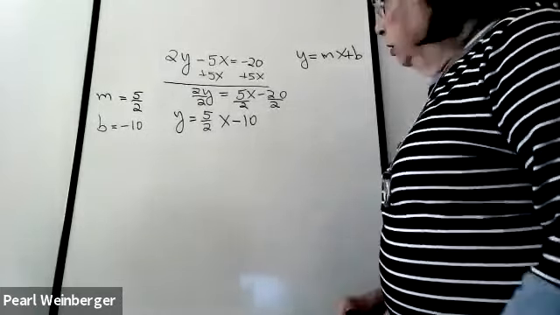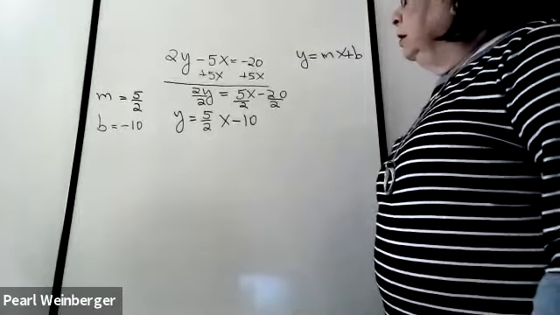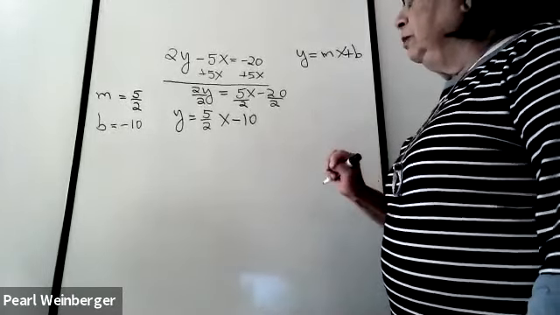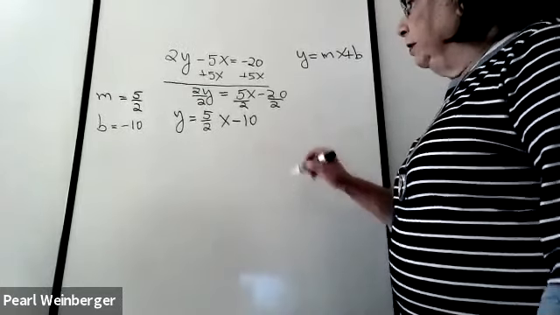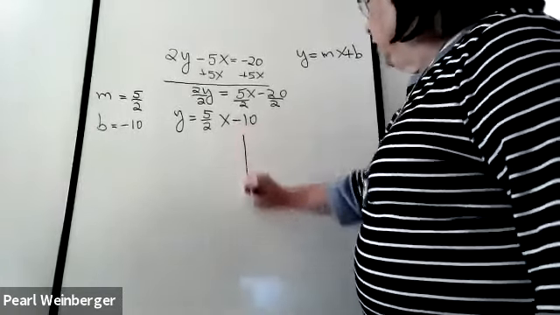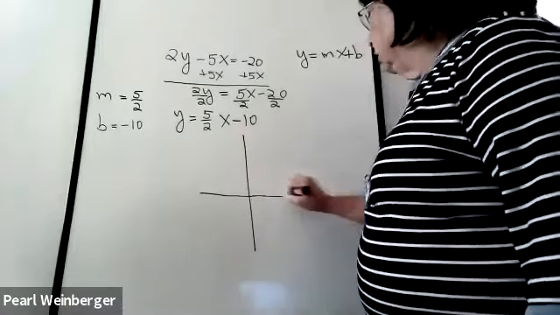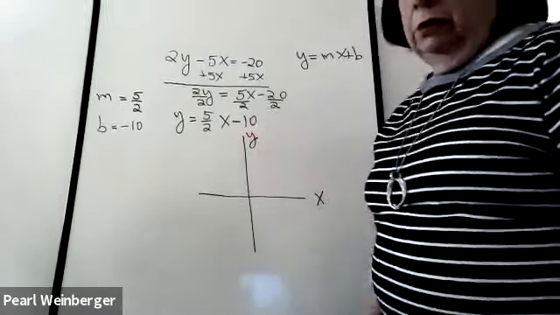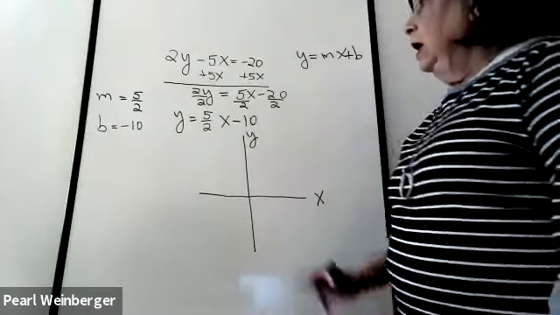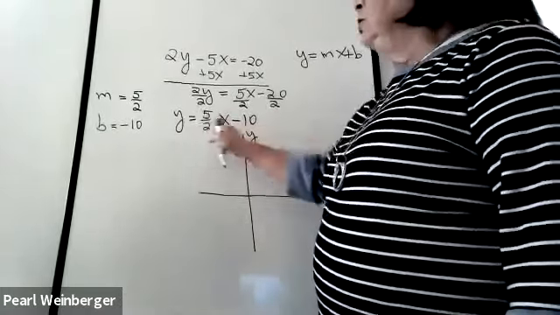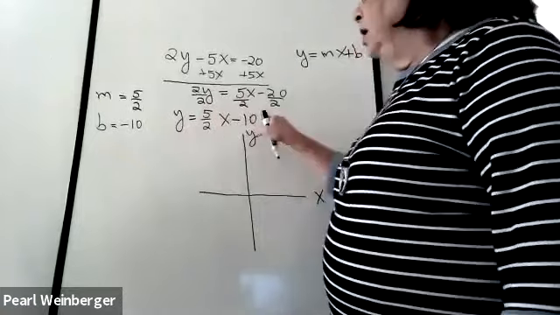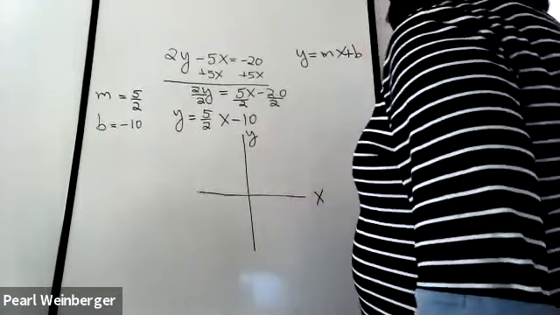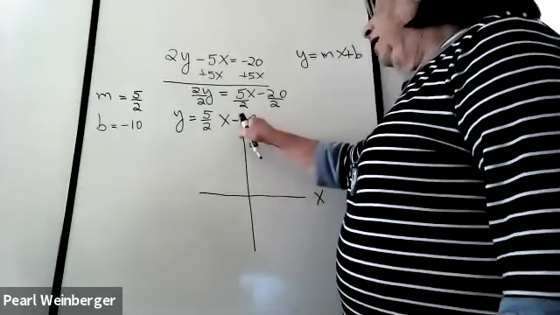So let's see how we can use this information to graph the line. So here's my piece of graph paper. Whenever I use the slope-intercept to graph a line, my start when I want to graph it is the y-intercept.